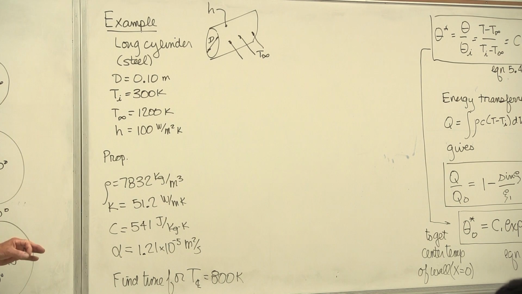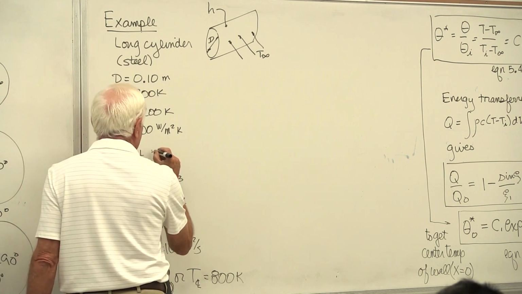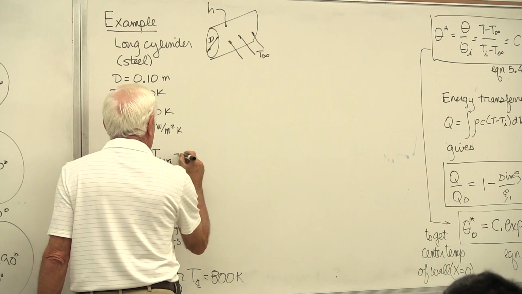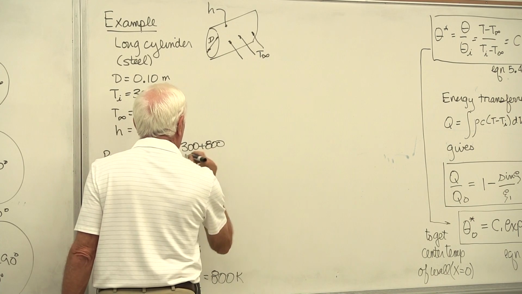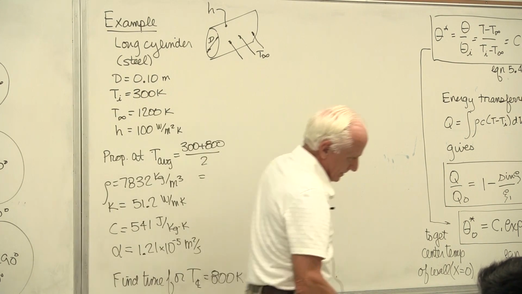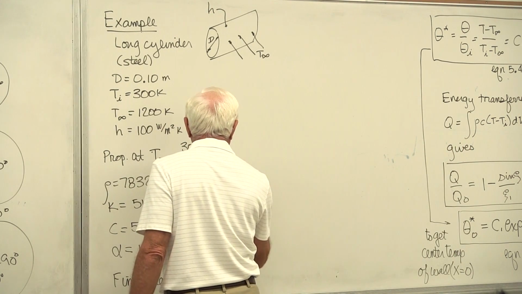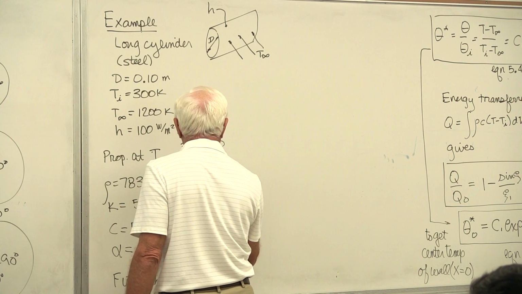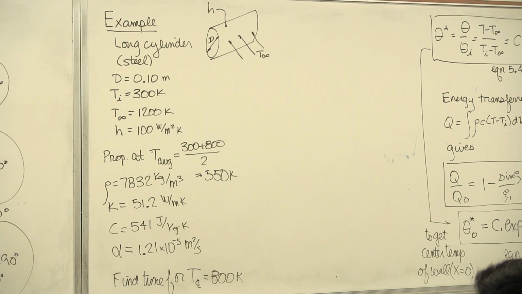So when I find my properties in the appendix, I want to use something like a T average, 300 plus 800 divided by 2, which comes out to be 550. So when you go to the back of the book and find the properties, interpolate them at 550.